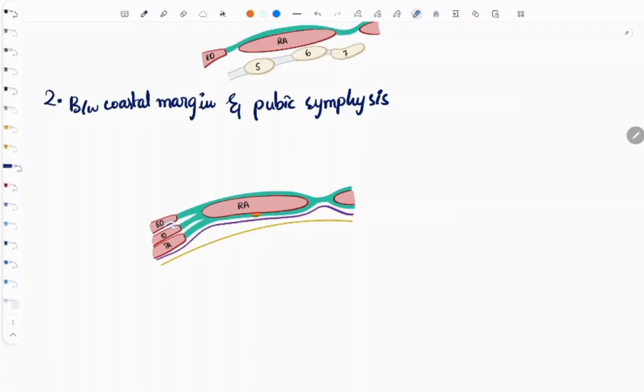Here at this level, the aponeurosis of internal oblique splits into two and covers the rectus abdominis anteriorly as well as posteriorly, forming two laminas, the anterior lamina and the posterior lamina. It entirely surrounds the rectus abdominis muscle.